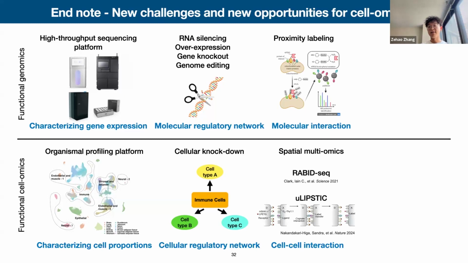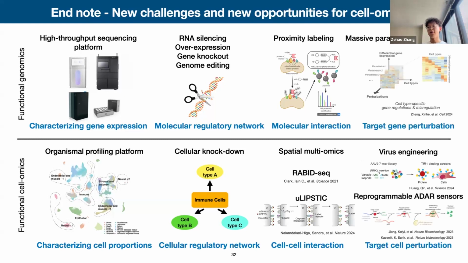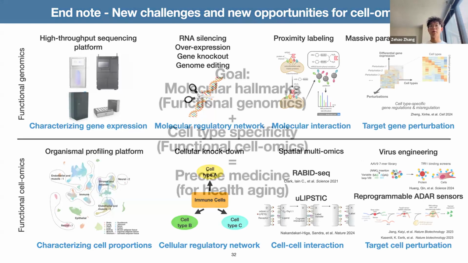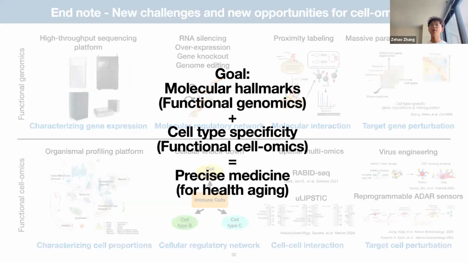And in the end, with all these targeted cell perturbation methods developed in the field, we really want to use these functional cell omics tools to bring the cell type specificity to the conventional functional genomic study, the molecular hallmarks identified there, and to achieve a precise medicine for healthy aging.